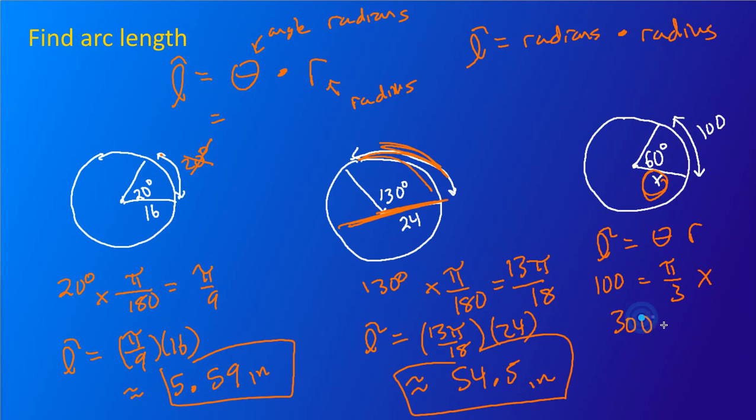I'll multiply by 3. Now I'll divide by pi. So I could write this as exactly 300 divided by pi, but I'll go ahead and take an estimate, and you can do the same on your test. And I get our radius is about 95.5 inches.